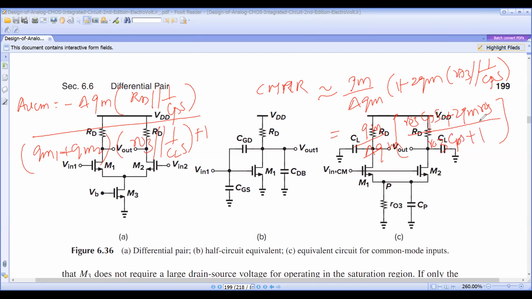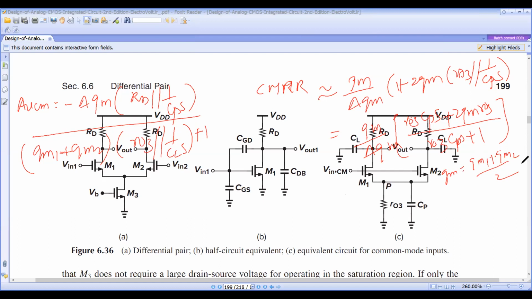You already know the GM value: GM is equal to GM1 plus GM2 by 2, the half GM value.